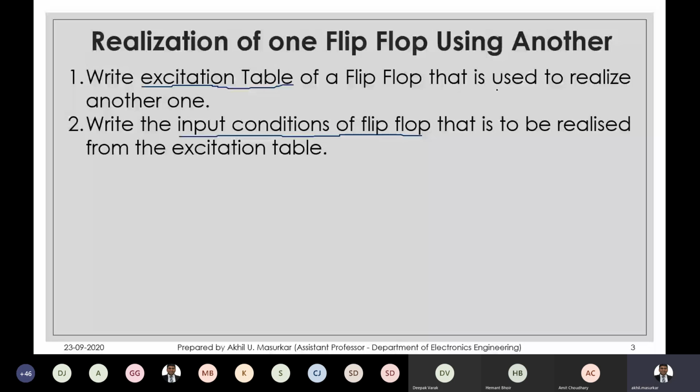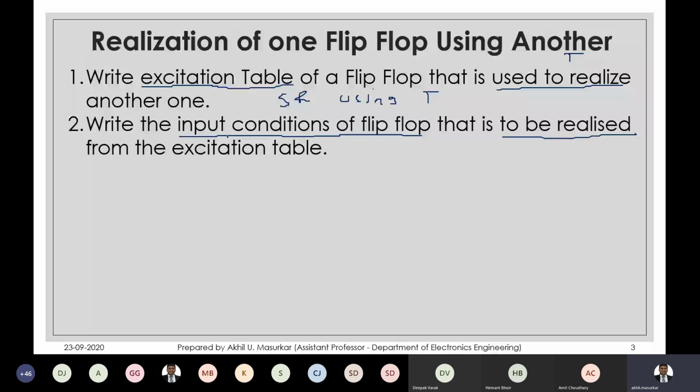If we say SR using T, then the excitation table of the flip-flop used to realize another one is the T flip-flop excitation, and the input conditions of the flip-flop to be realized, here SR, are written from the excitation table.